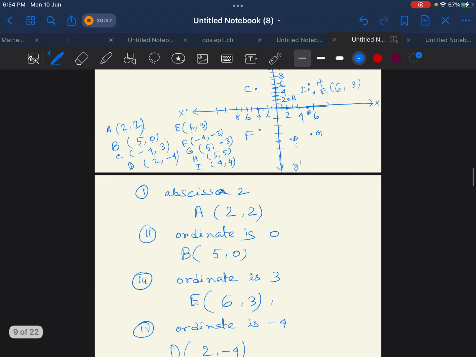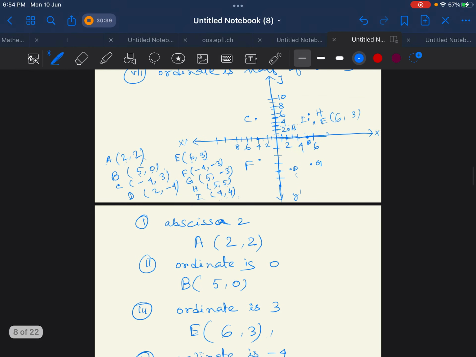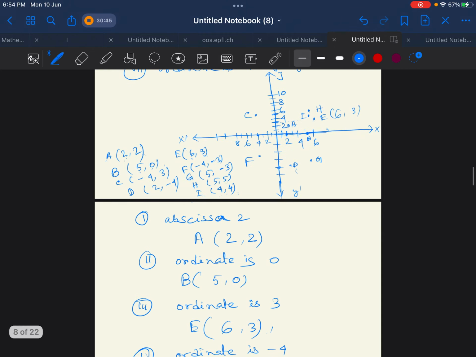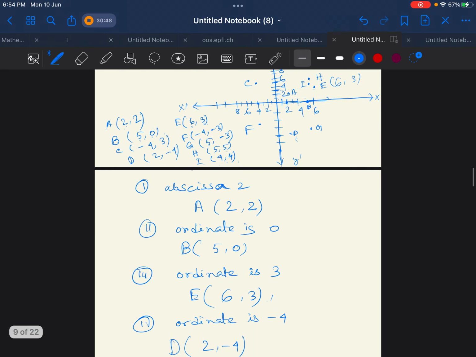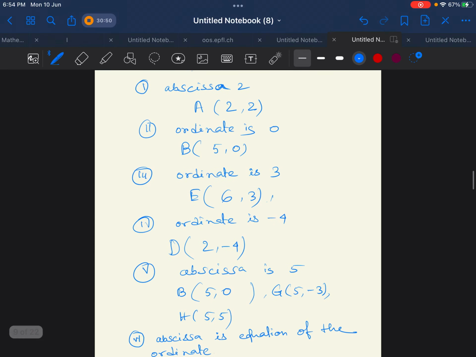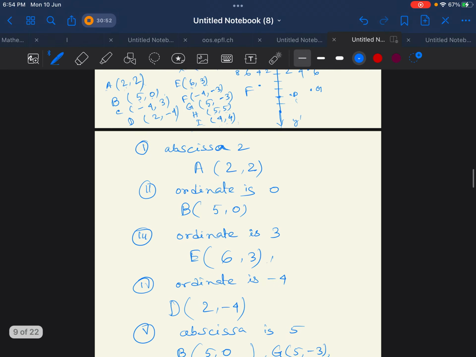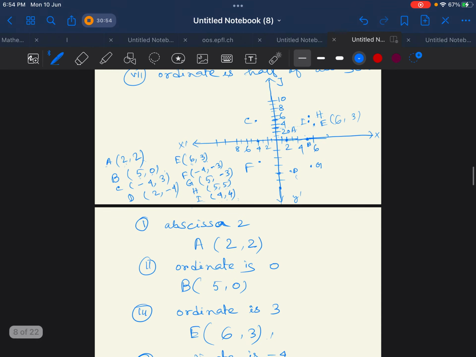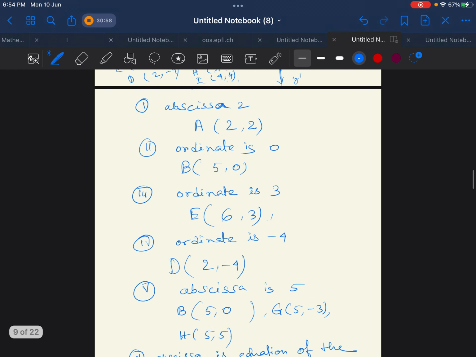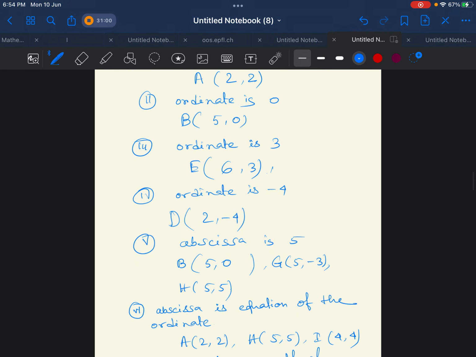Condition 5. Abscissa is 5. Where abscissa is 5? Here H point. Abscissa 5 and ordinate is also 5. So we get H (5, 5) and also B point.